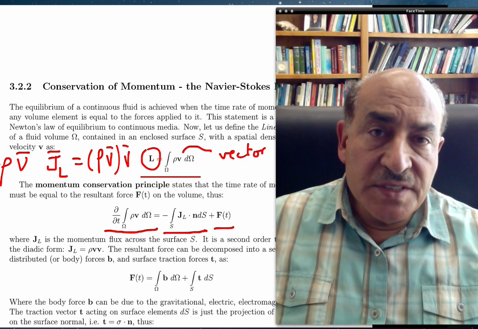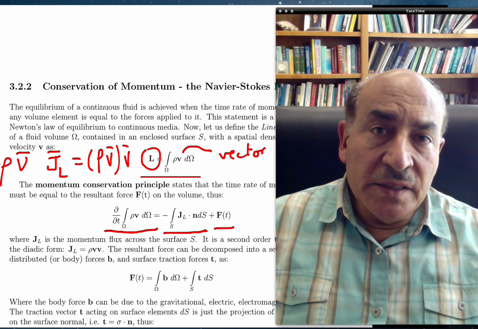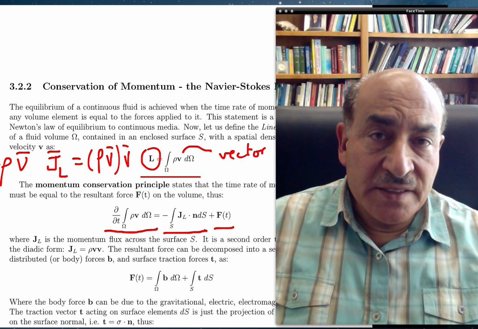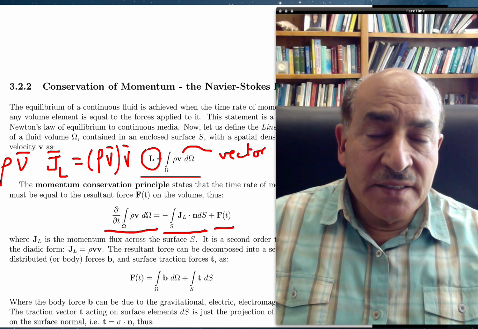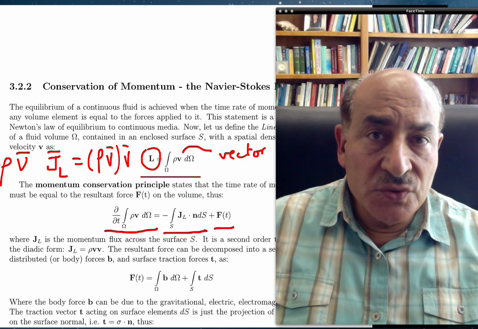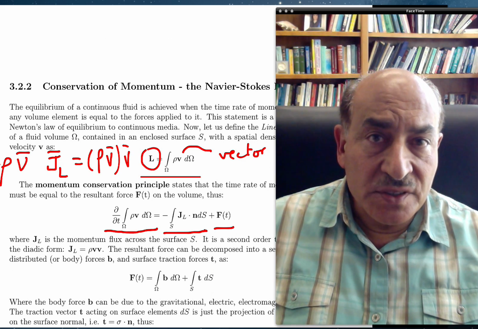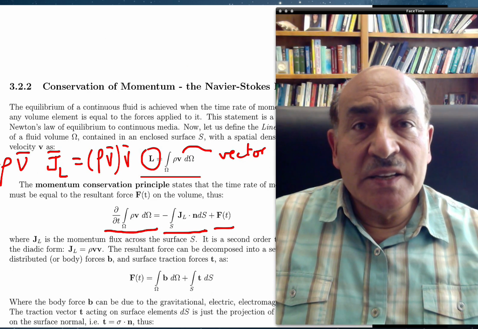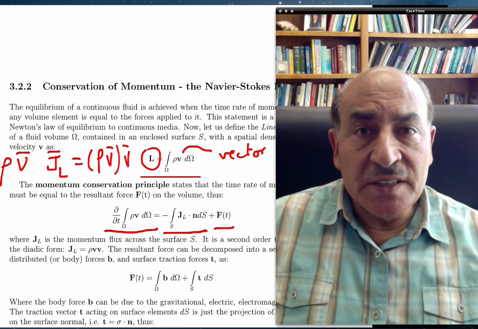So you will see that the momentum flux has two vectors on the right-hand side, a v and another v. And when you have two vectors right next to each other like this, it is called dyadic, and the di is 2, so a dyadic is a tensor, a second order tensor that is made up of the two vectors v and v.